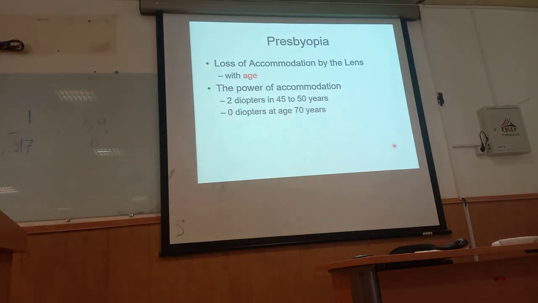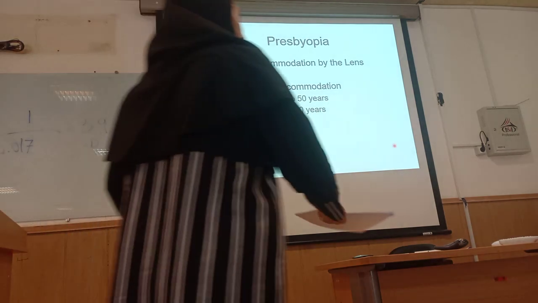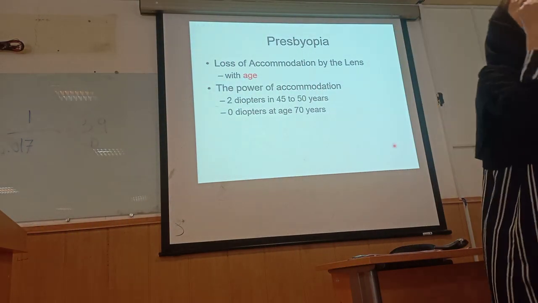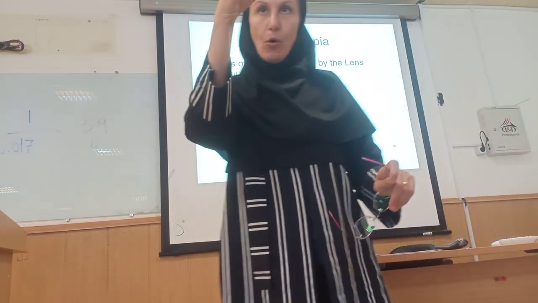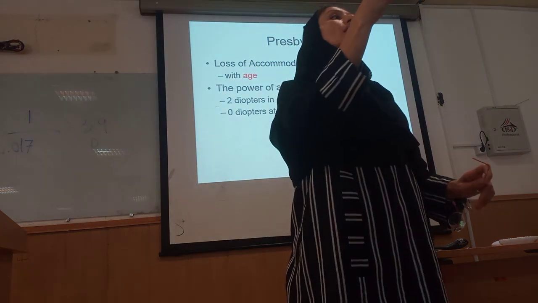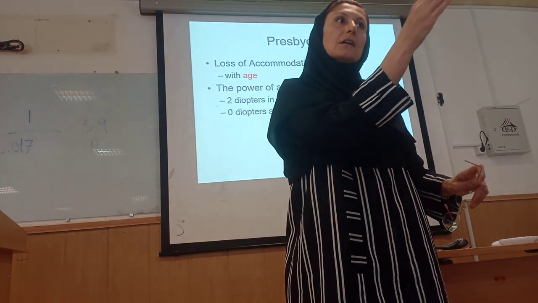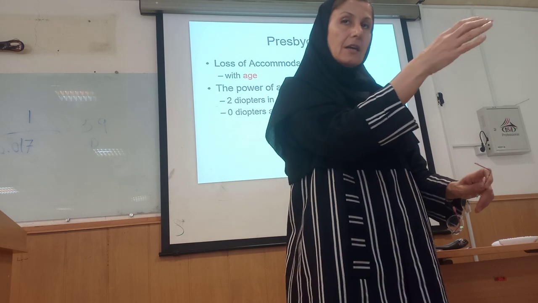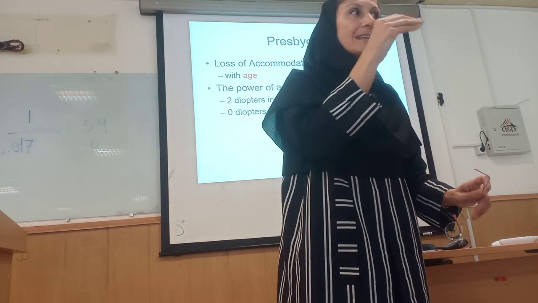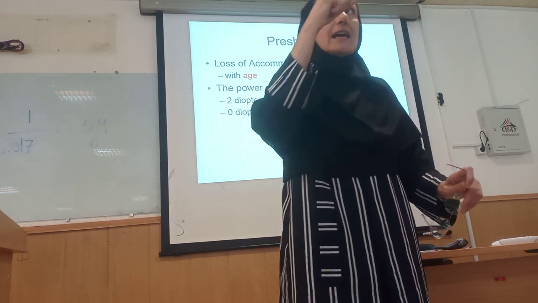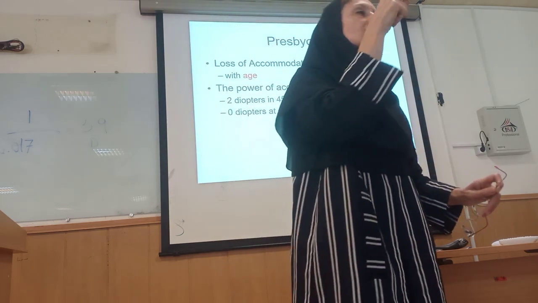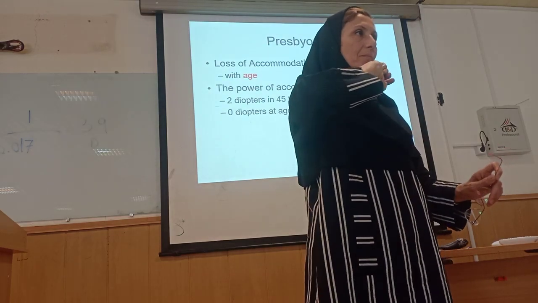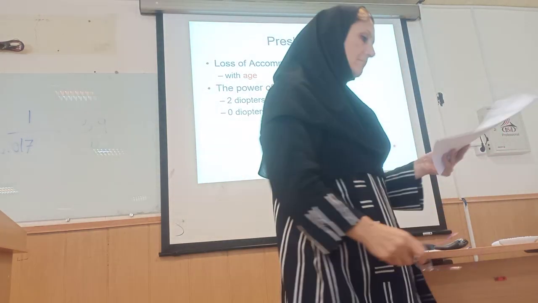Something happened in your lens. I said to you, the lens is flexible, it can get more circular, convex, round, and get flat. But for me, it cannot change the curvature.